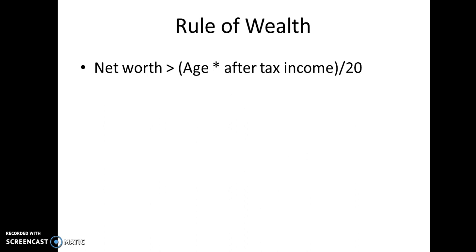The next rule is the rule of net worth. The rule of net worth is a relative terminology.